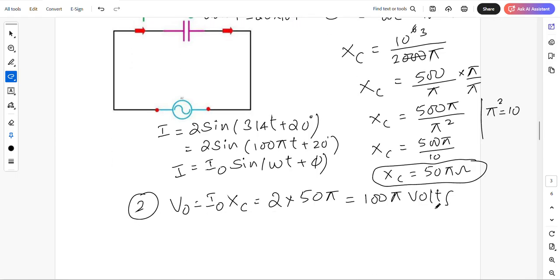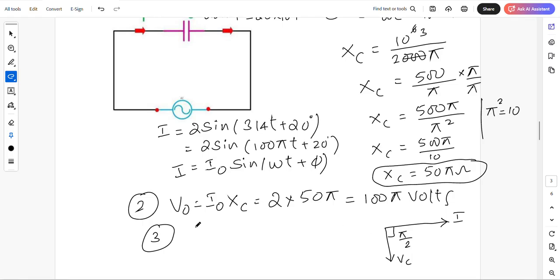Now the equation of voltage. Equation of voltage can be written as what? We know that if this is I, this will be Vc. Always current will be leading or voltage will be lagging.